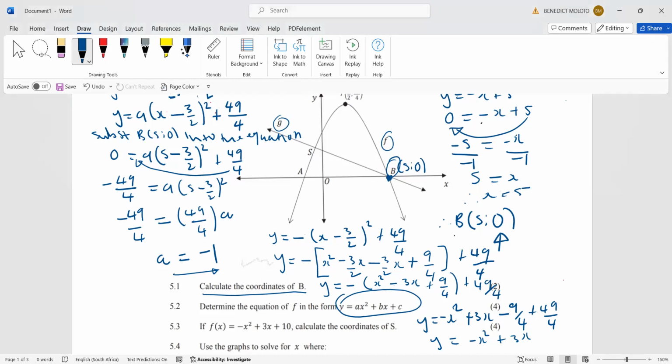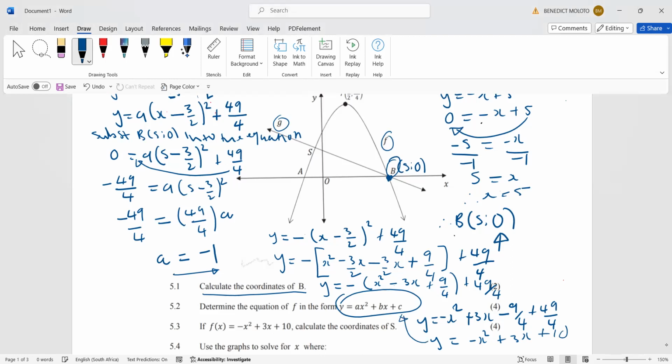Okay, makes sense. Then it's plus 10, which is our standard form.